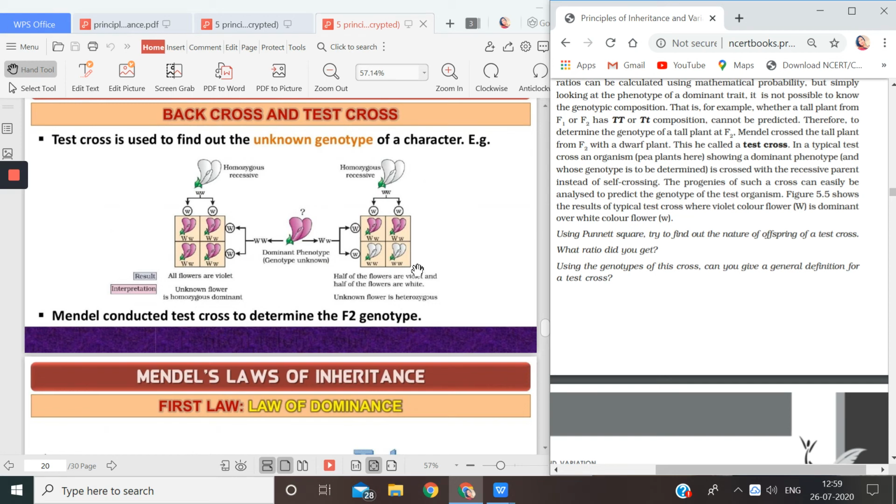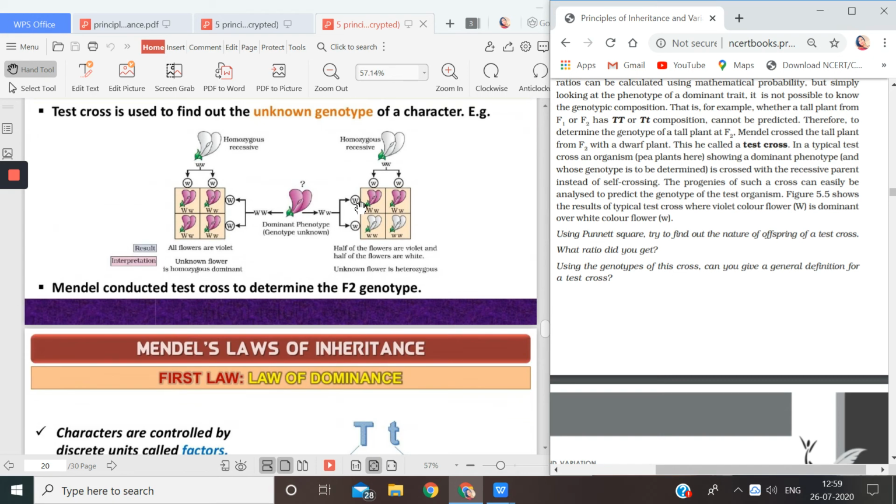But if my result is two dominant and two recessive, then the answer is that the dominant parent is heterozygous. So from this cross, we could find out the genotype of the dominant parent.